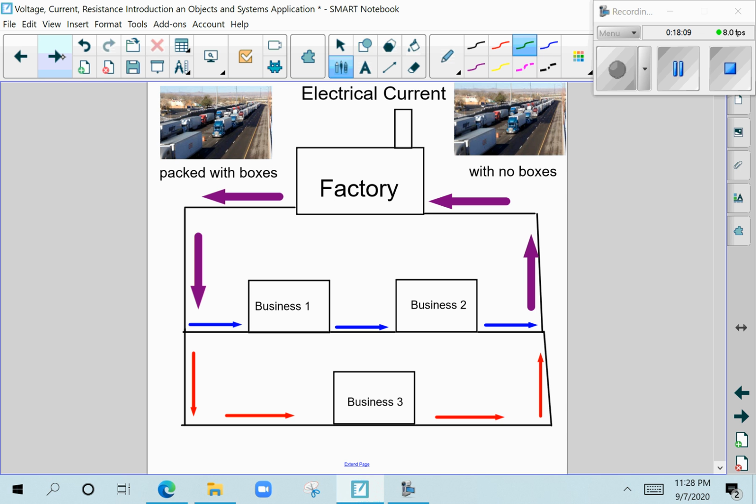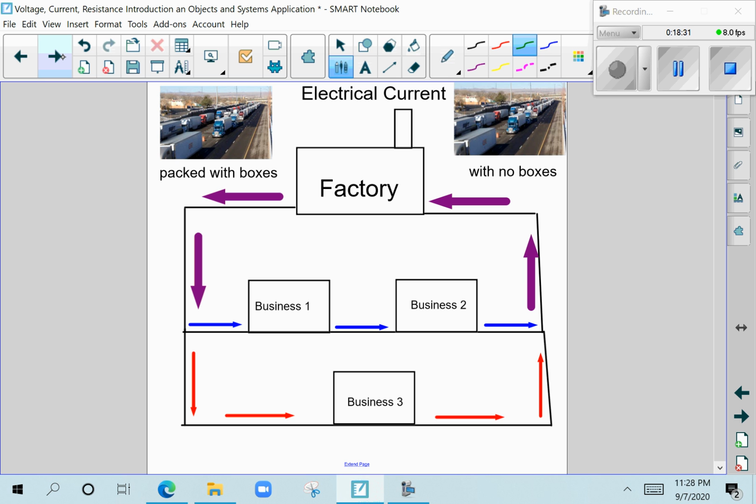The only difference is when the trucks leave the factory, they are packed with the boxes, which means the charges have a lot of energy. The same number of charges return to the factory, just like the trucks do. I don't want to lose trucks. The only difference is the charges that return don't have energy, just like the trucks come back without any boxes.